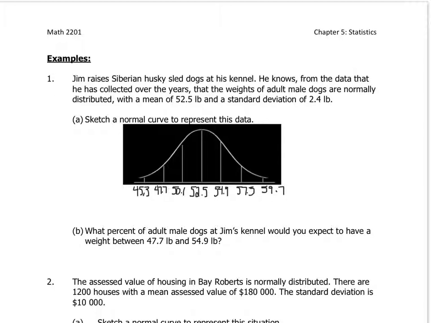I can't really fit them in here because of the way the black went, but you should put the percentages in there. Within 1 standard deviation on either side, you should have 34%. I'll try it in red.